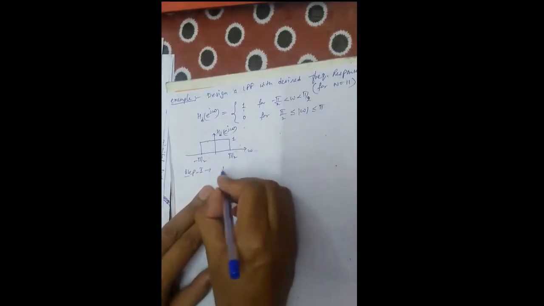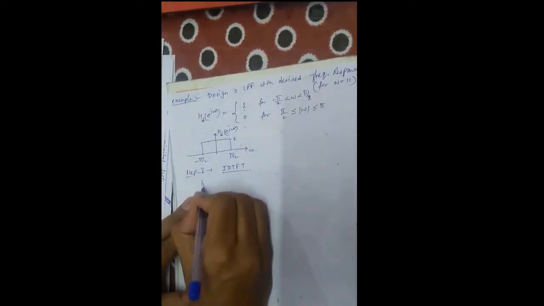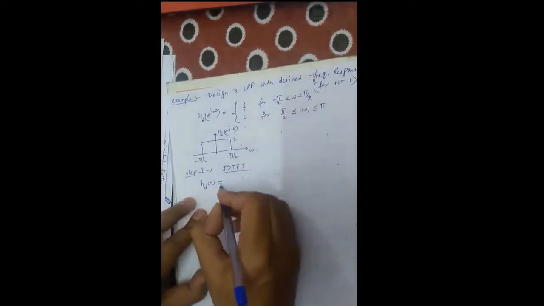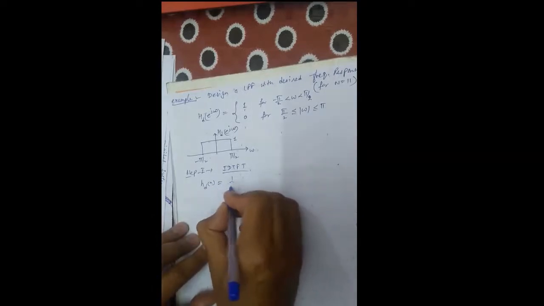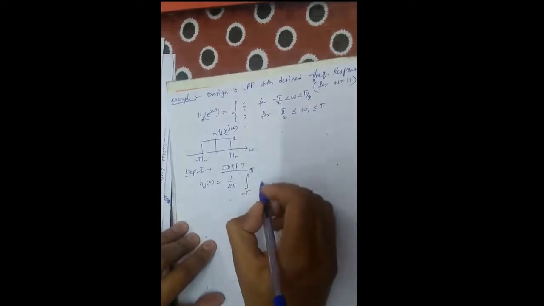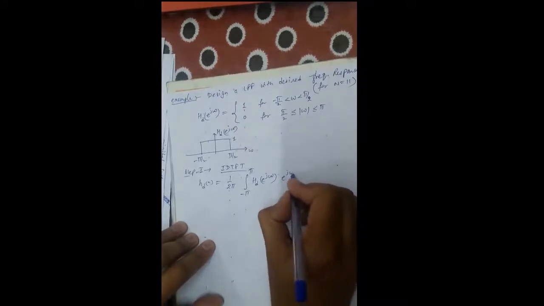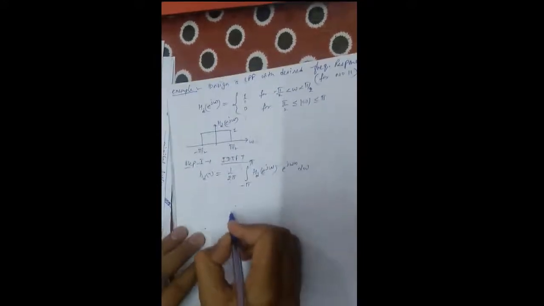So step 1, the IDTFT: hd[n] is equal to 1 upon 2 pi, integral from minus pi to pi of Hd(e^jω) e^jωn dω.